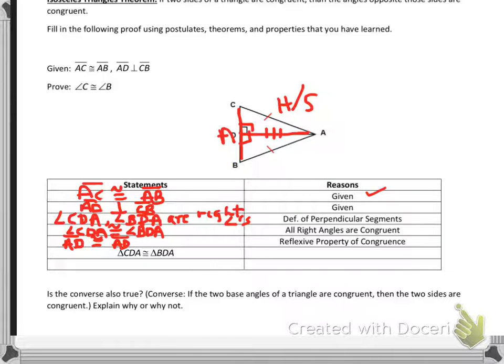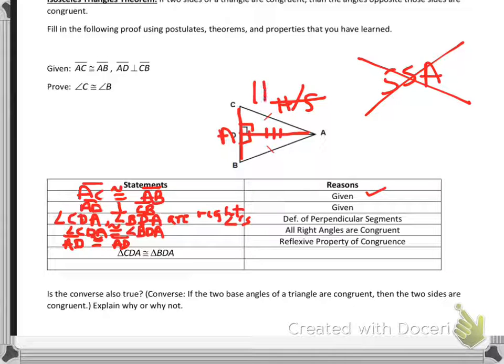And we can say that a couple different ways. Let's think about it. We have an angle, we have a side, and we have a side. That's SSA, but we know that that does not work. It's not a valid test unless you have a right triangle, which we do. So we're not going to consider this a side.